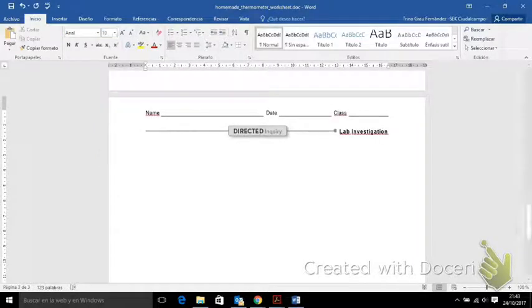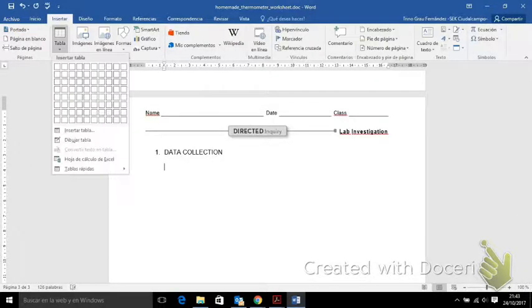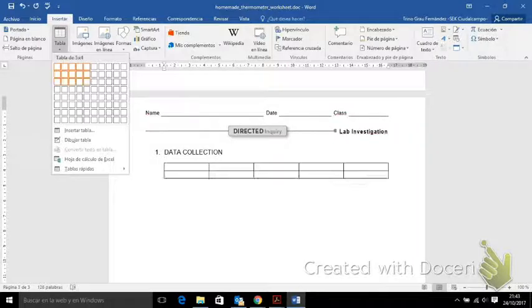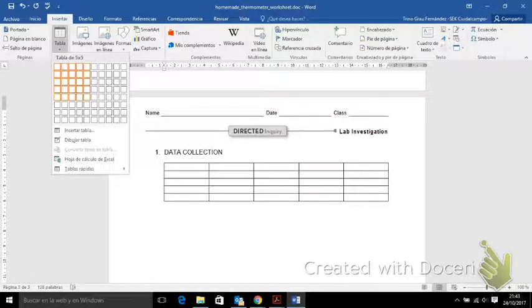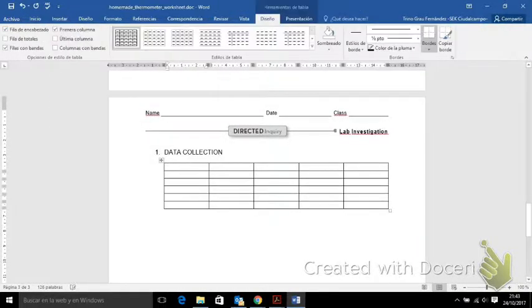Okay. So first of all, it's the data collection. So you need to include a table, insert table. The table must contain 5 columns and 6 rows. Okay. So you have the day, temperature.